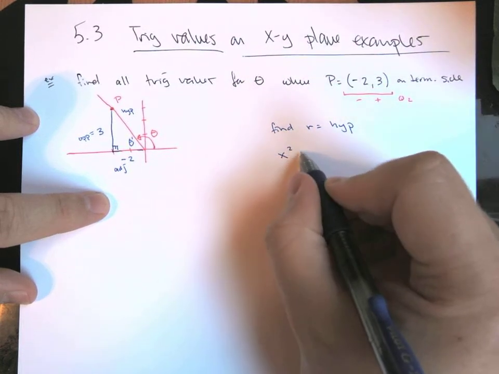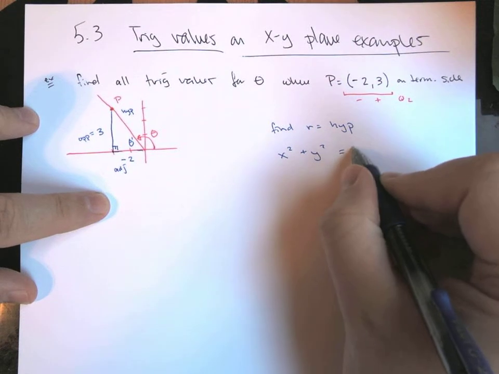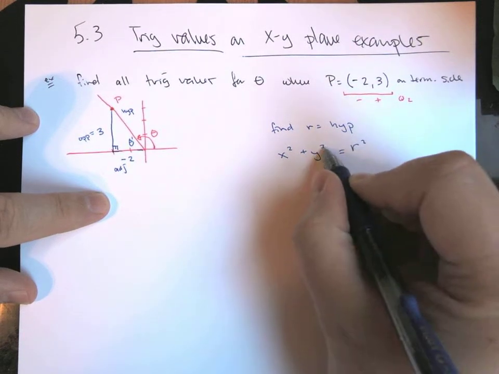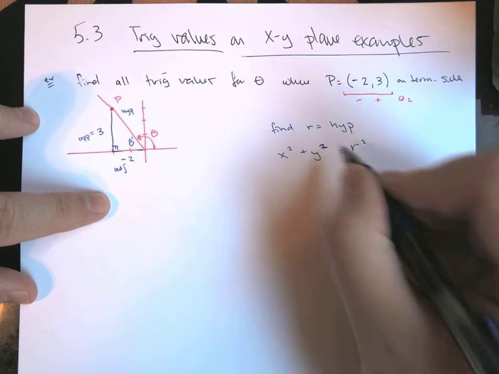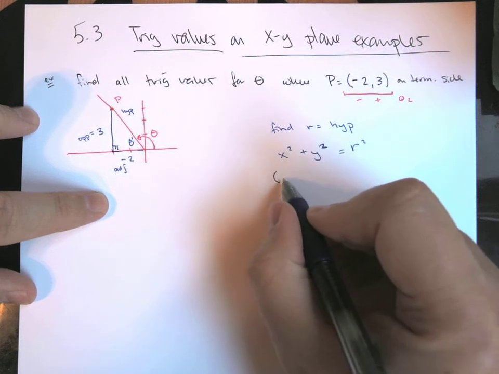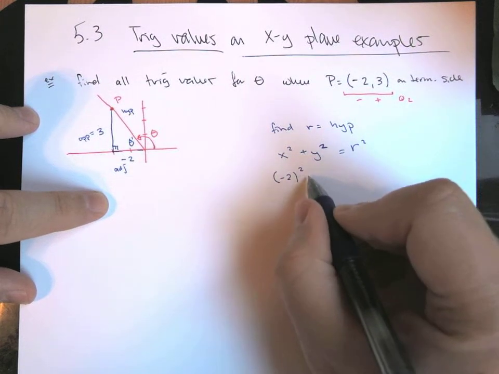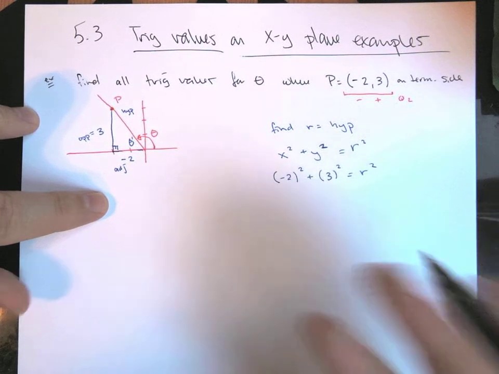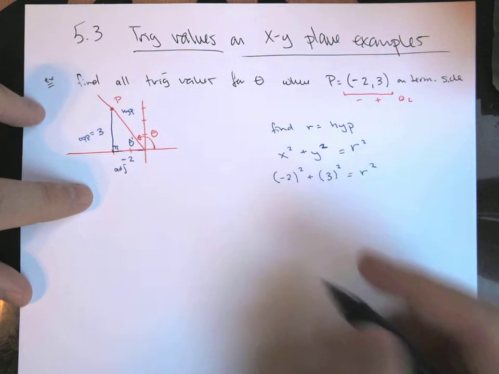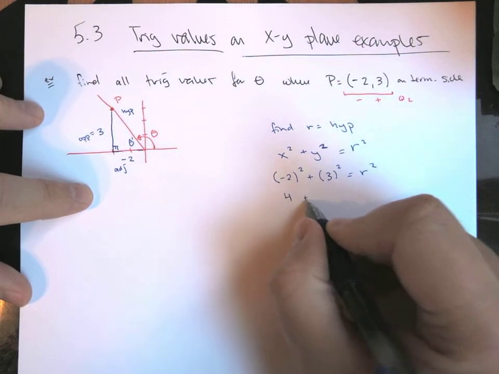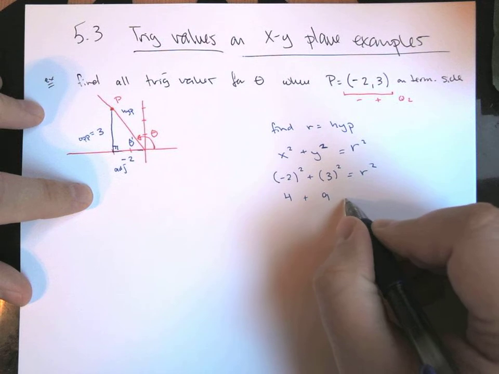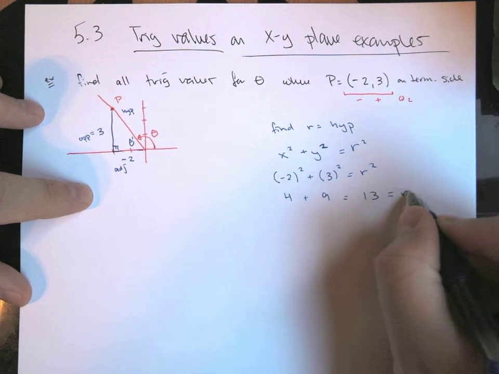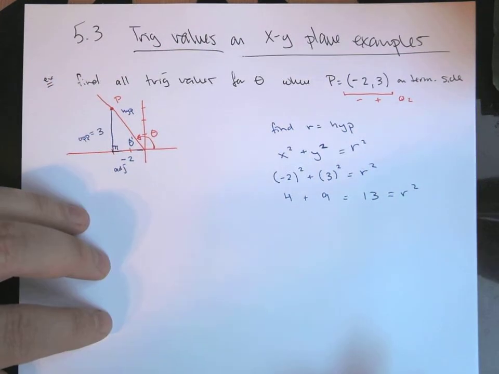The idea is that x squared plus y squared is r squared. This is just classic Pythagorean theorem stuff. We have a negative value for x, but when you square the negative, it becomes a positive. So this is just going to be 4 plus 9, so 13 is r squared.